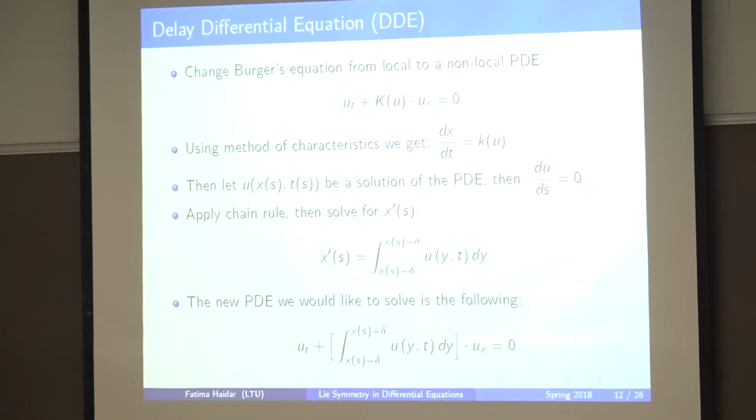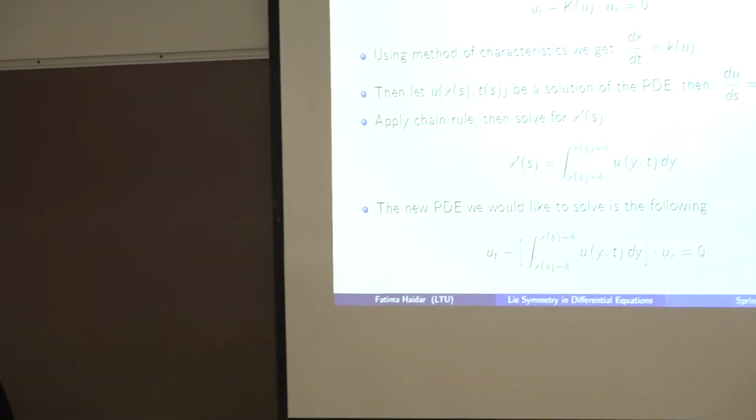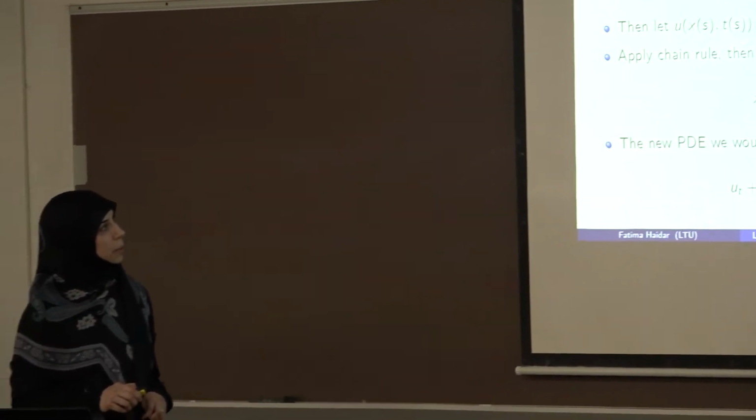So using the method of characteristics, we get a non-local ODE. Then, letting u be a solution for the PDE, we get du/ds. Then using chain rule, we're going to get x prime of s equal to this integral, where we're going to have this PDE, which is a non-local nonlinear PDE, where we're interested to solve this equation.